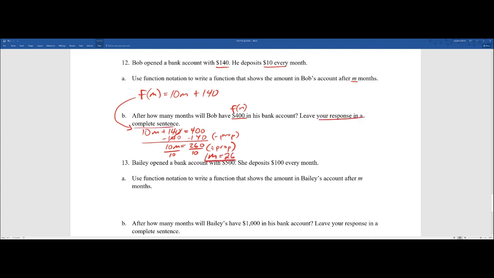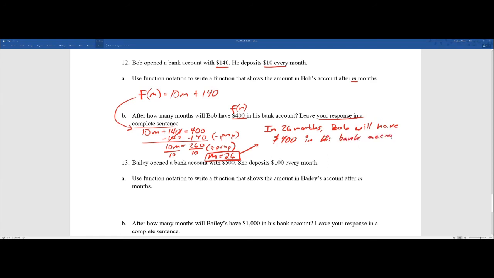So yes, you can box this, but you got to get the full points. So let's write this in a sentence. You're going to say, in 26 months, comma, Bob, capital B, Bob will have $400 in his bank account.